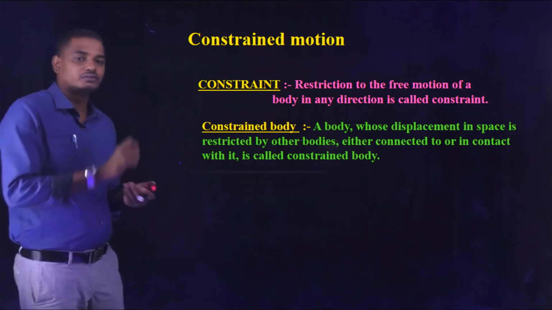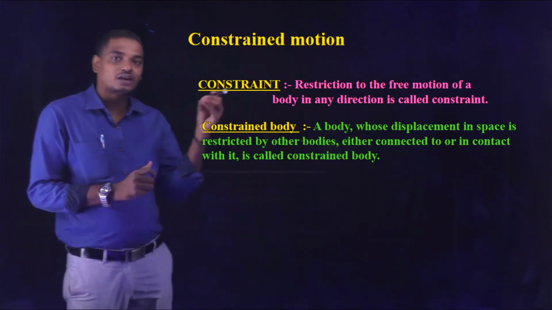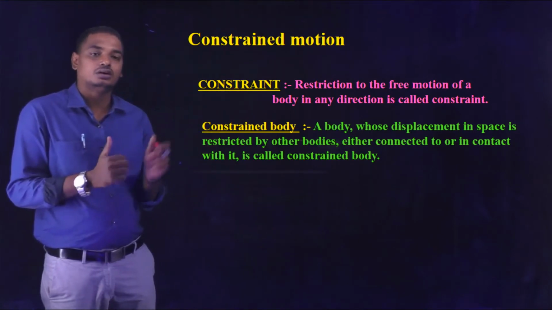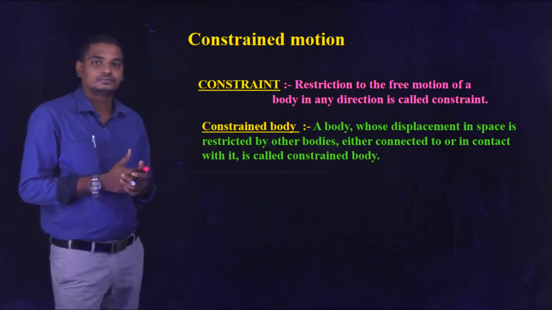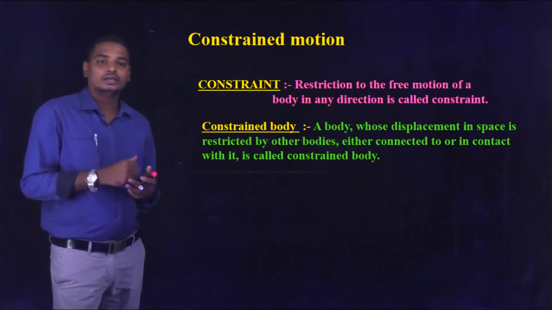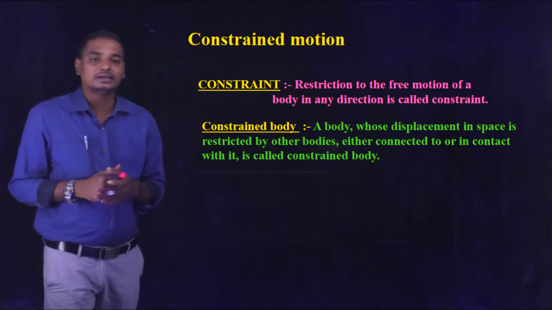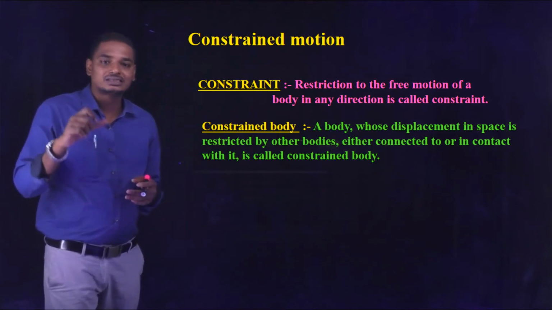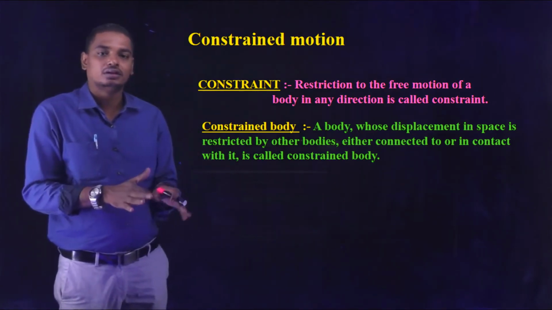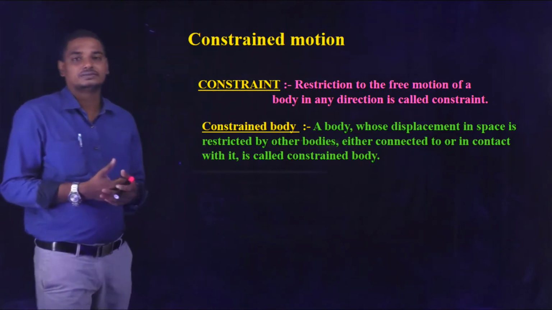The meaning of constraint is restriction of free motion of the body in any direction. A constrained body is a body whose displacement in space is restricted by the other bodies that are connected or in contact.